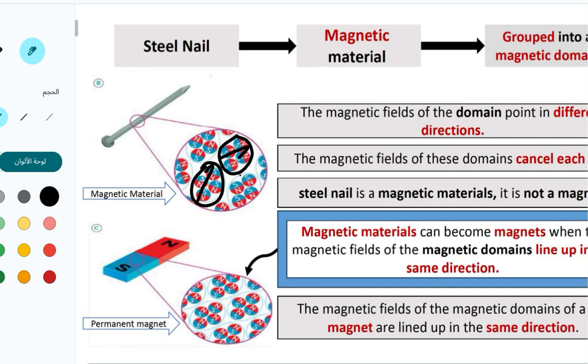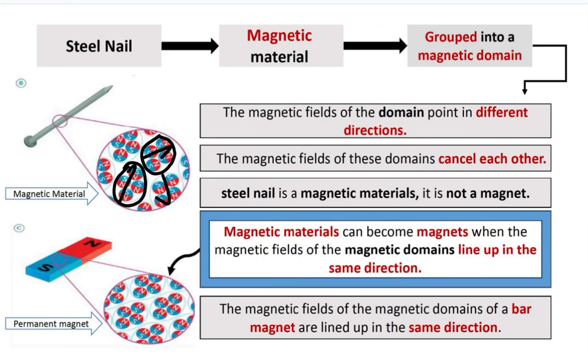Again, we can see these groups have north pointing in many different directions. So what does that mean? That means, just like in our non-magnetic material, that these domains are going to cancel each other out, meaning that it's not a permanent magnet here. The steel nail is only a magnetic material. It is not a magnet.